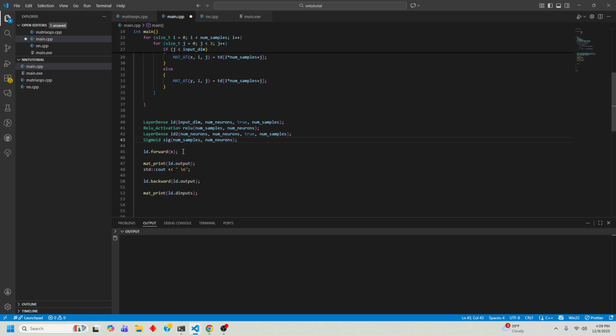Alright, so we go forward once. We'll do a ReLU of the first layer's output.